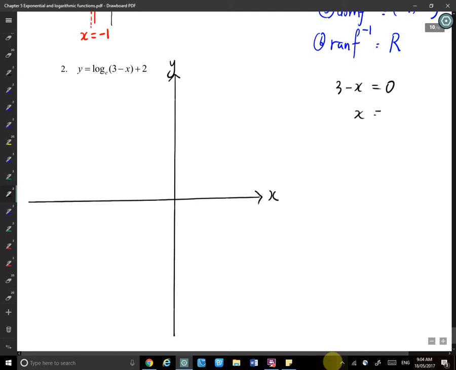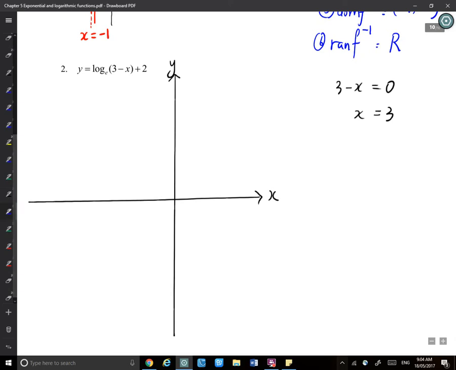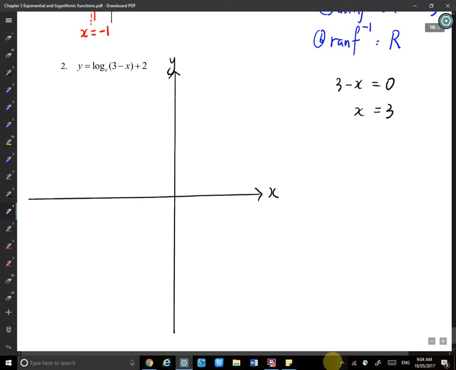You solve for x. x equals 3 will be the asymptote. x equals minus 3? No, positive 3, not minus 3. x equals positive 3.